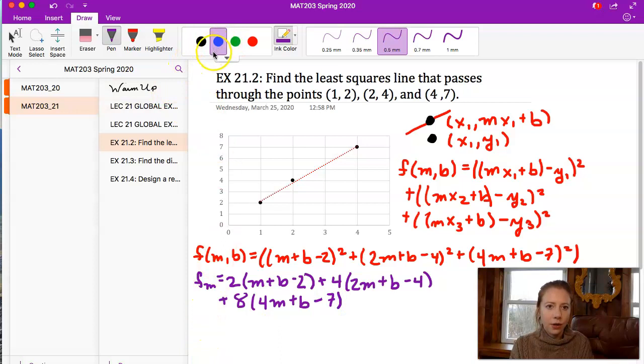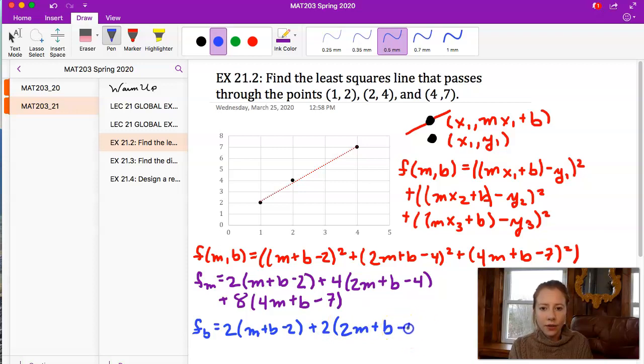Okay, and then we can take our partial with respect to b, and that is going to give us 2m plus b minus 2 plus 2 times 2m plus b minus 4 plus 2 times 4m plus b minus 7.